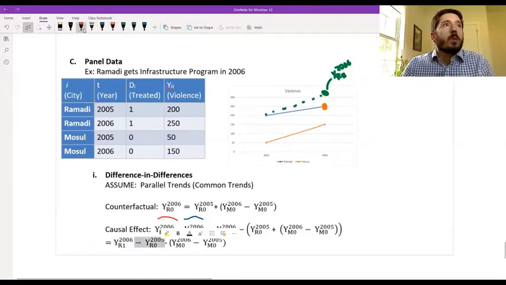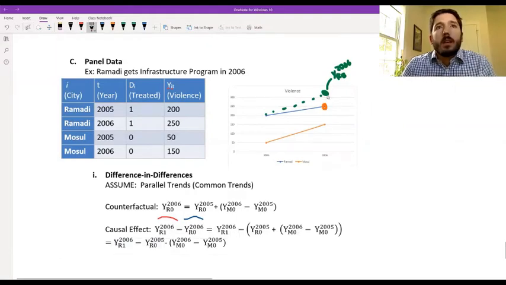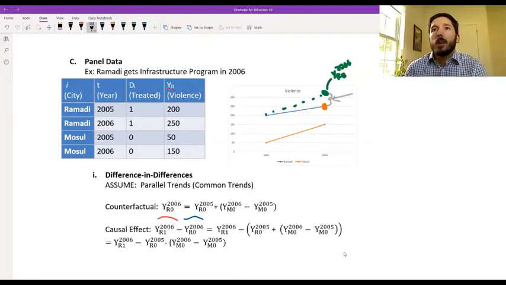So basically what we're doing is taking the difference here, and that's our estimate of the causal effect of this program. The difference between what actually happened to the treated group and our estimate of the counterfactual.